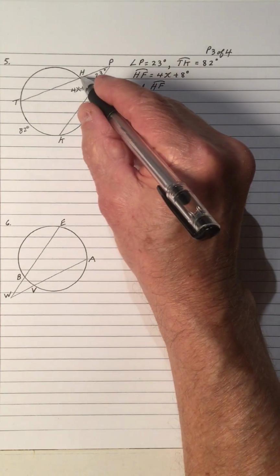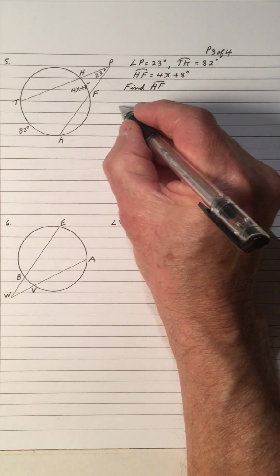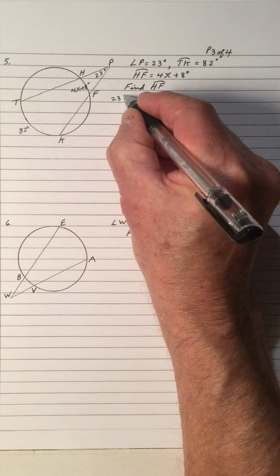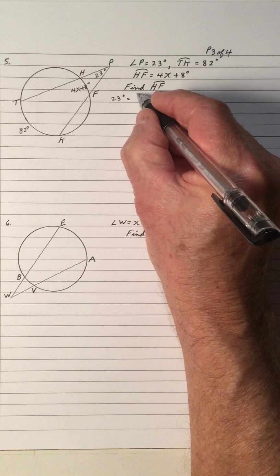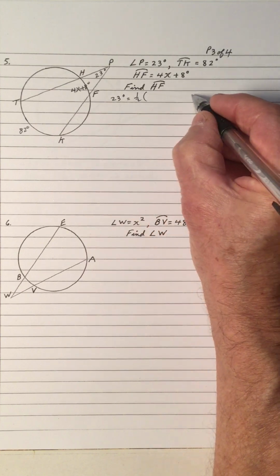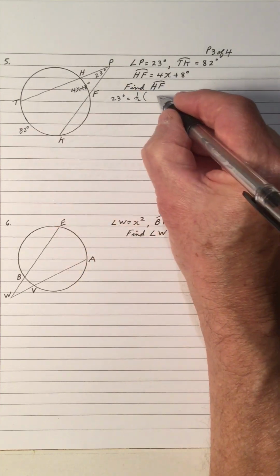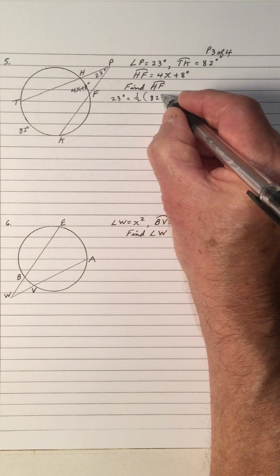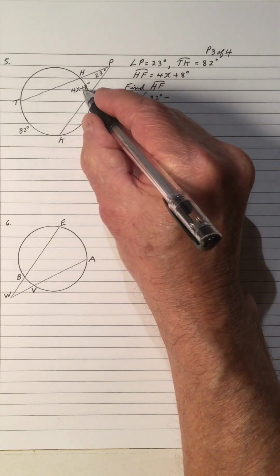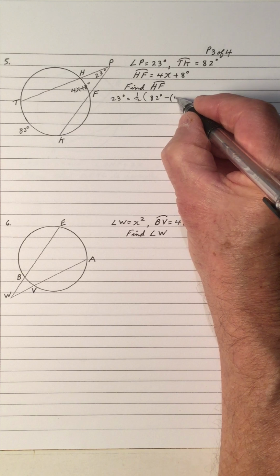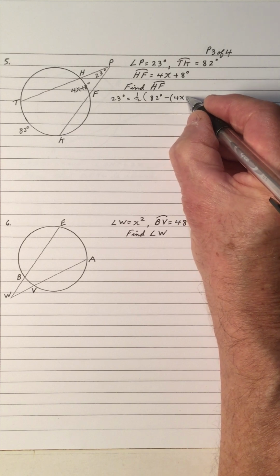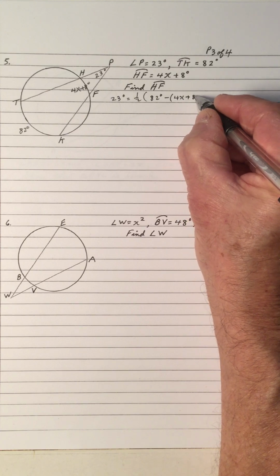So that means this angle, the angle 23, to measure that angle, is a half of the difference of the arcs. So 82 is the larger arc minus the smaller one. But we got to be careful now because we're subtracting a binomial.